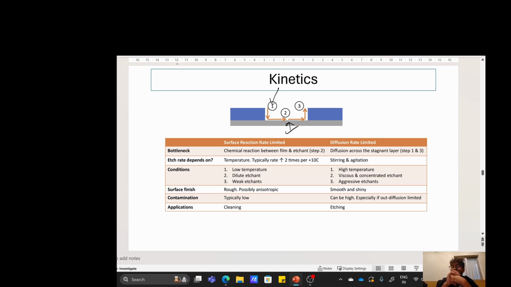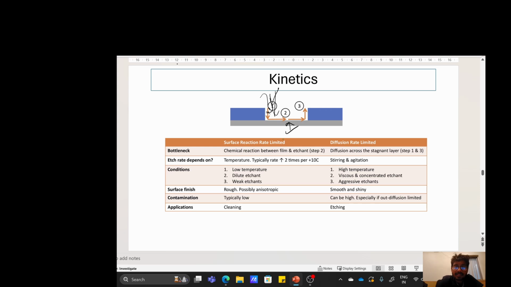That can be one case. Another case is that the diffusion of the reactant through the stagnant layer is very slow, but the reaction is too fast. That is the other case.